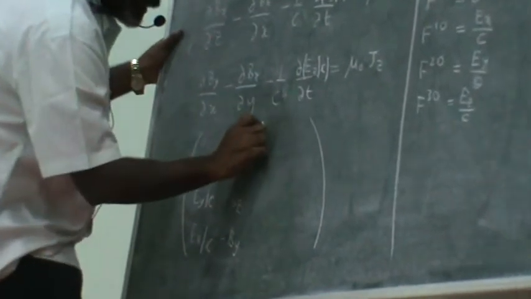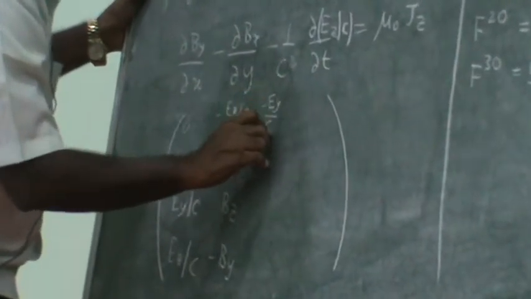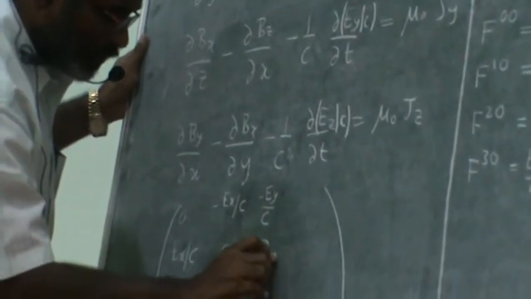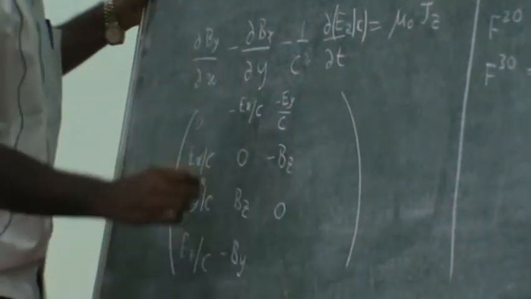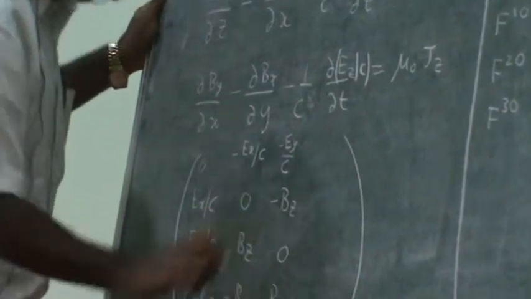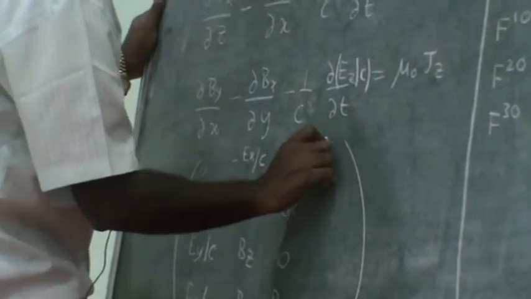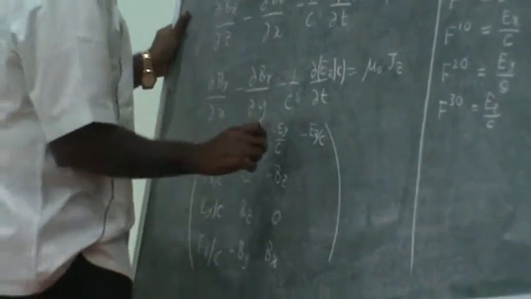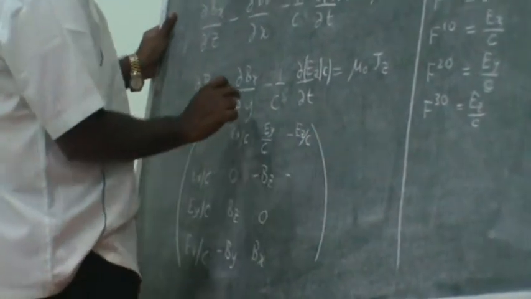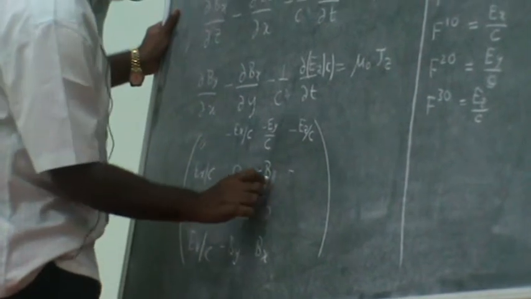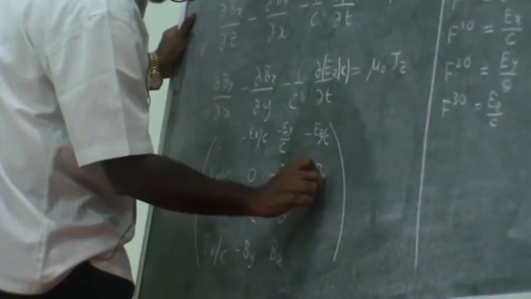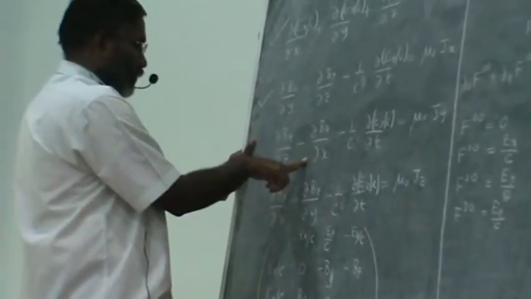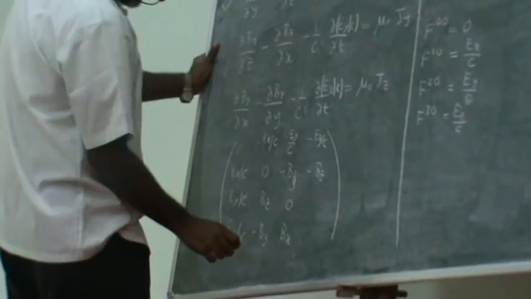And here minus Ey by c, ∂/∂x is minus ∂z, this is 0, and this is ∂x. And this is minus Ez by c, and ∂/∂x is ∂y.